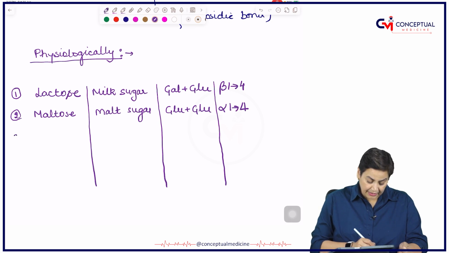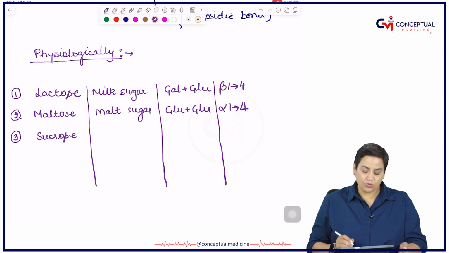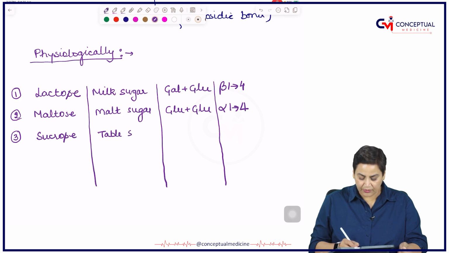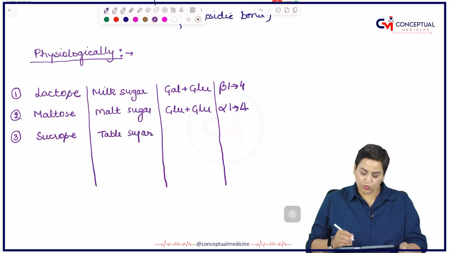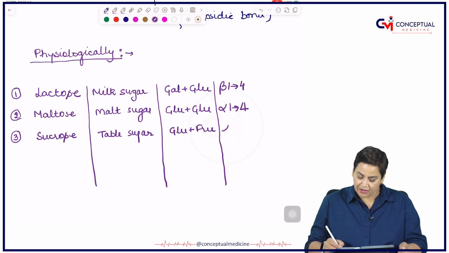Then the third one is sucrose. We call sucrose the table sugar or the cane sugar. Sucrose has glucose and fructose, but the linkage here is alpha 1, beta 2.